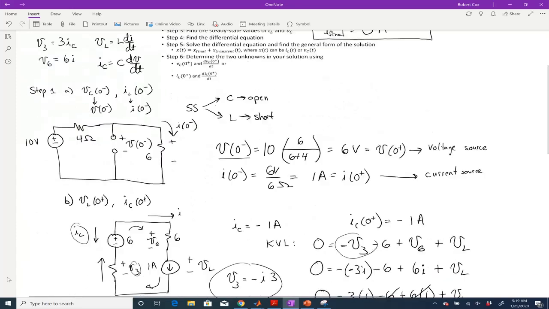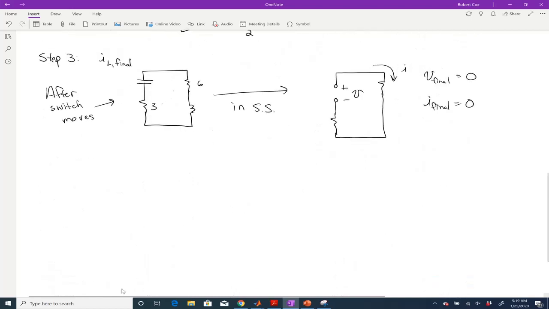All right, so now, done a lot of good stuff. Now is usually the hard part. We need to do our step 3, which is to find our differential equation for IL. And again, in this case, we've called it I, which is the inductor current.